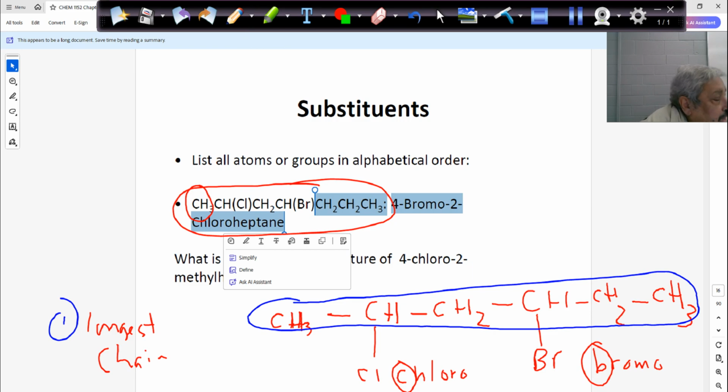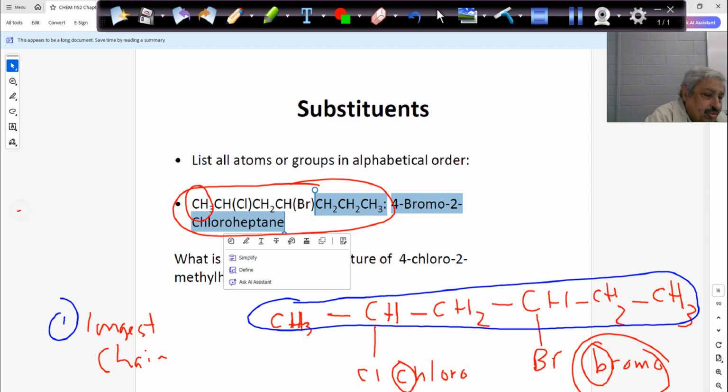Now, which will come first in alphabets? A, B, C, D, E, F, G, H, I, J, K, L, M, N, O, P, Q, R, S, T, U, and so on. So which one will come, B or C? B. So we have to bring this one here first.